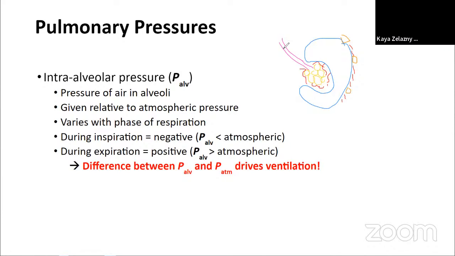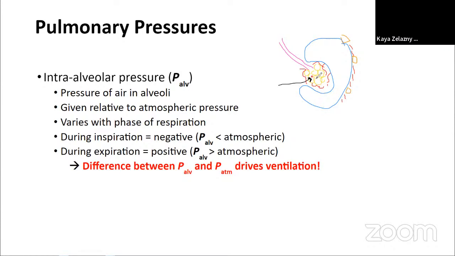So our intraalveolar pressure is if we're measuring the pressure in one of these bubbles specifically. So that's why we're calling this the pressure in the lung, right? So our intraalveolar pressure is the pressure that like an oxygen molecule in the alveolus would feel.